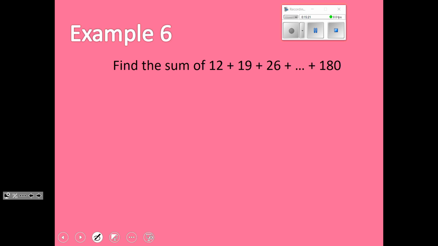So let's look at example 6. The sum starting at 12, going all the way to 180. Let's look at our formula. S sub n equals n divided by 2 times a sub 1 plus a sub n. Now, let's plug in what we know.